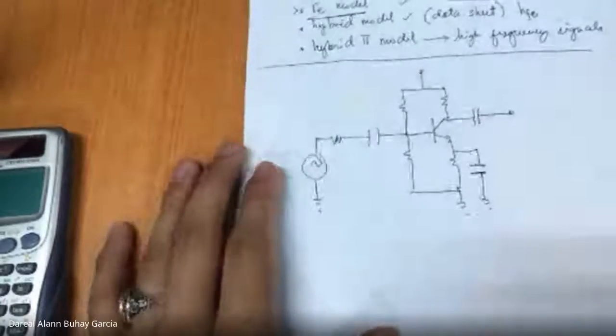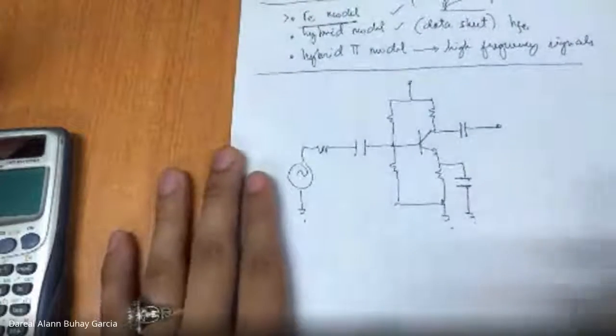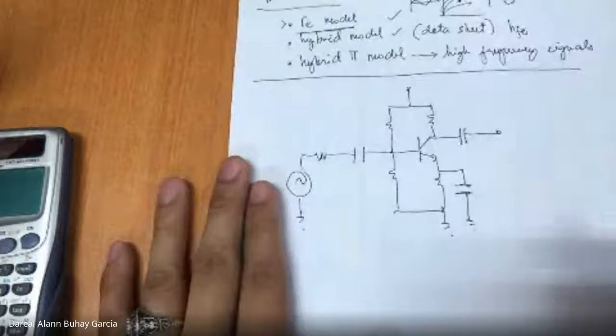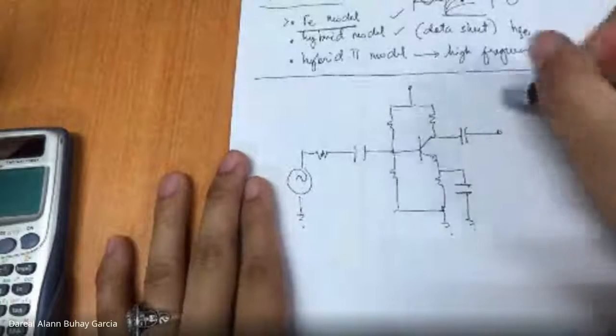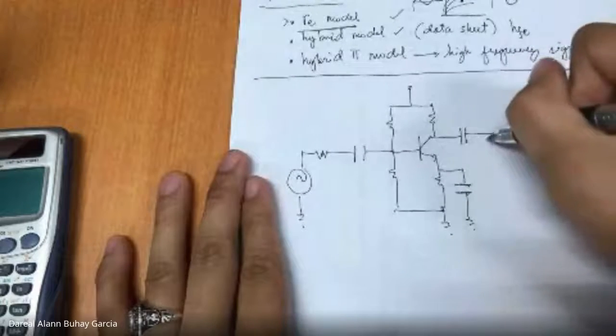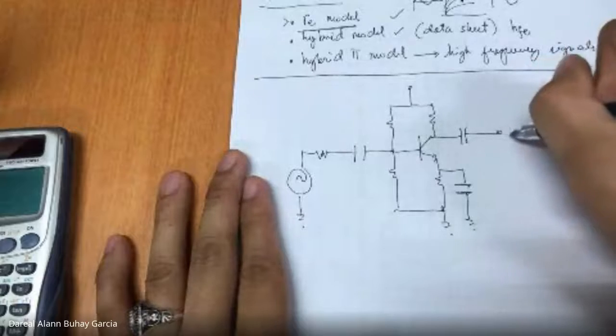Normally we connect the load here, and this is our VO.